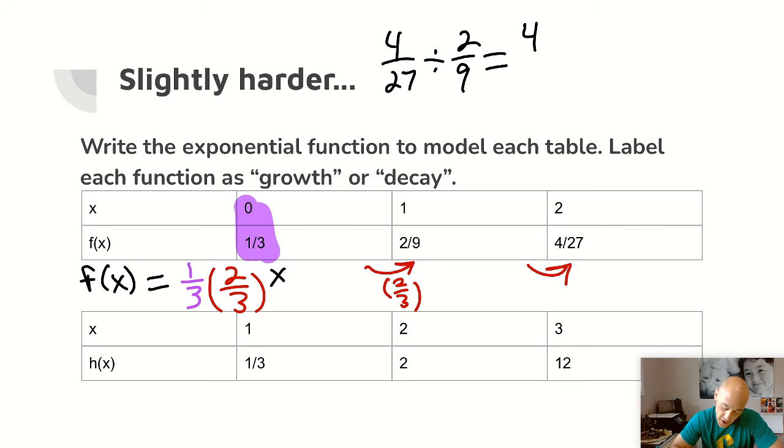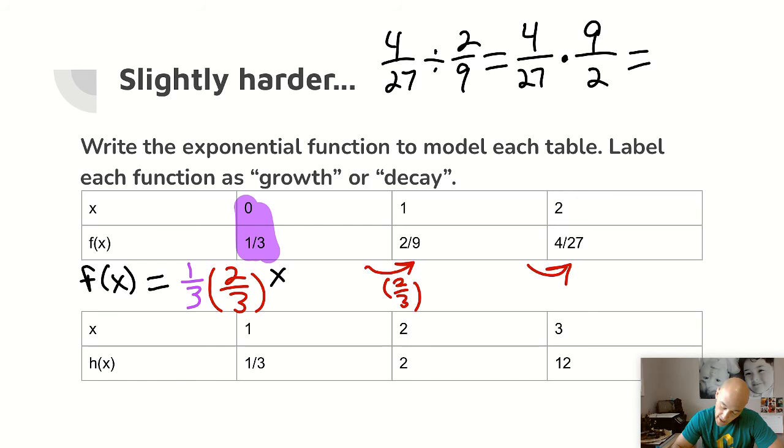Well, the first fraction stays the same. We change that division to multiplication. And when we do that, we have to take the second fraction and flip it upside down. It's called the reciprocal. So 9/2.